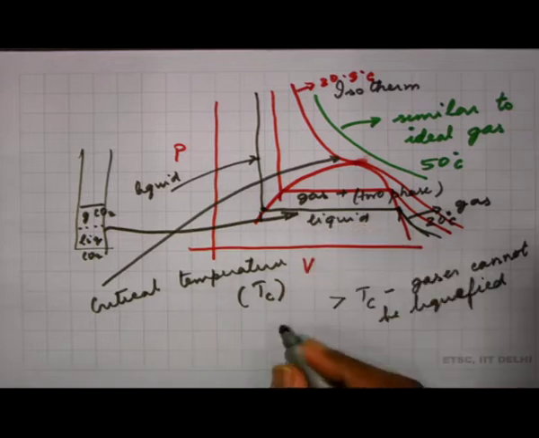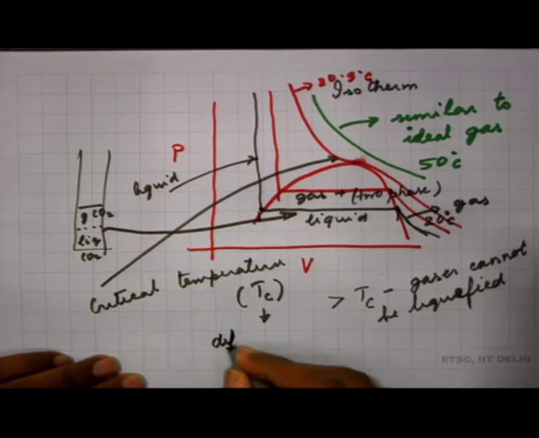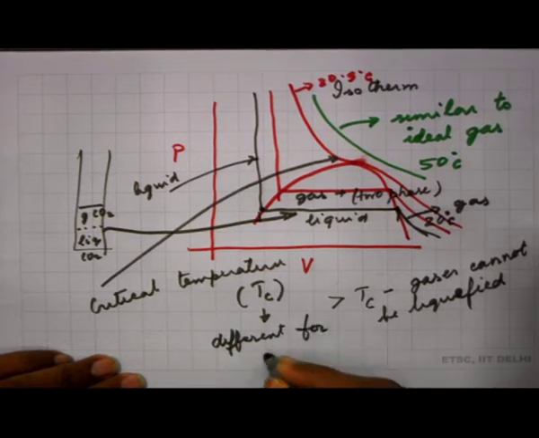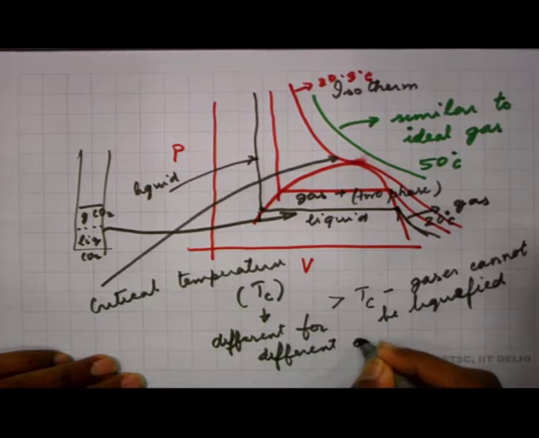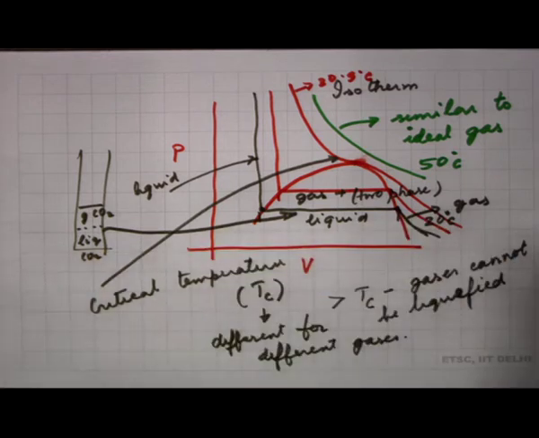Now, T C varies for different gases. You know that already, for example, from daily observation. Water, for example, exists as a liquid at 30.9 degrees, the same temperature at which carbon dioxide no longer exists as a liquid.